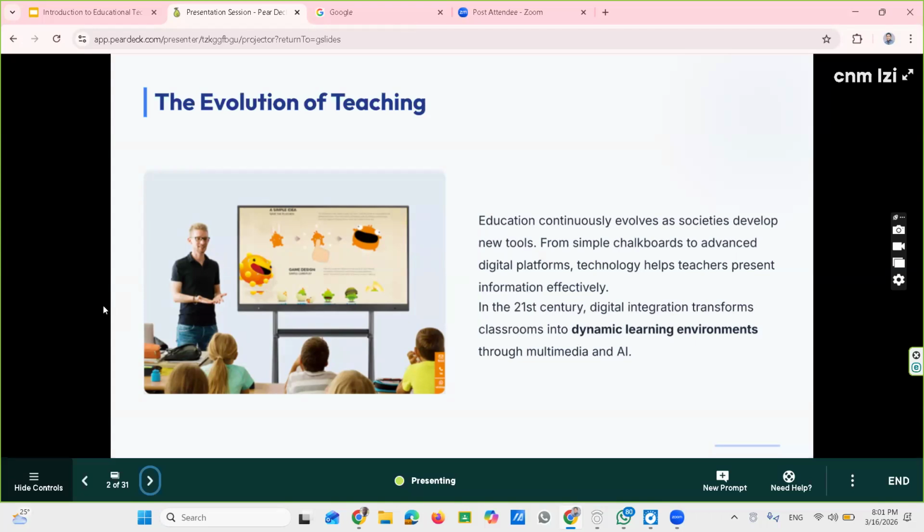Because of that, many digital devices are available for teaching and learning. Therefore, we should be familiar with these digital devices and how you can use them in your teaching and learning. It is different from using earlier devices like chalkboards. Later, we will discuss this evolution part again.